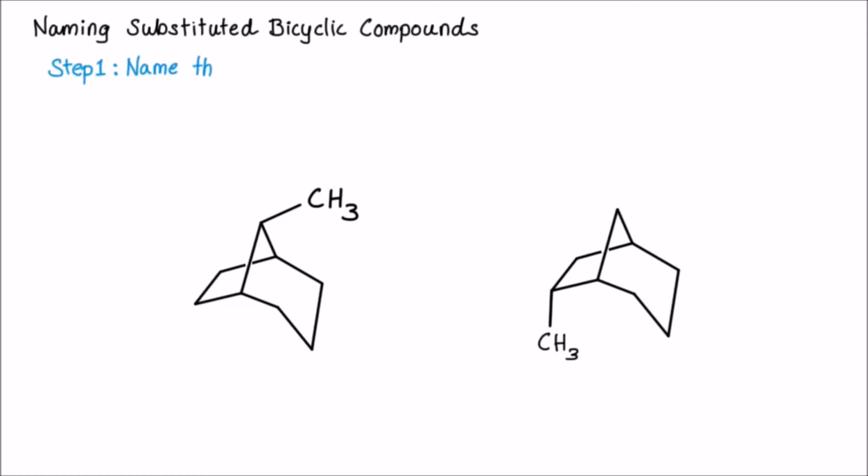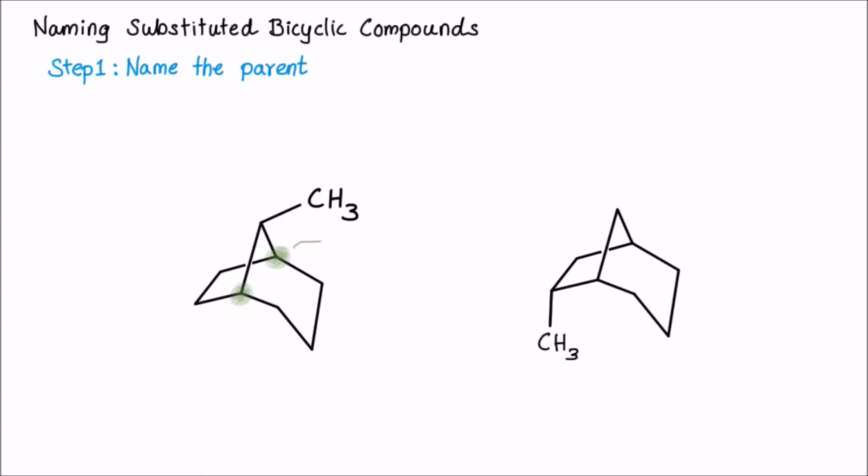Let's follow the steps that we just saw in the previous slide. Step number 1, name the parent. To name the parent, you need to identify the bridge heads. Bridge heads are the carbons where the two bridges are fused together. So these two carbons are the bridge heads.